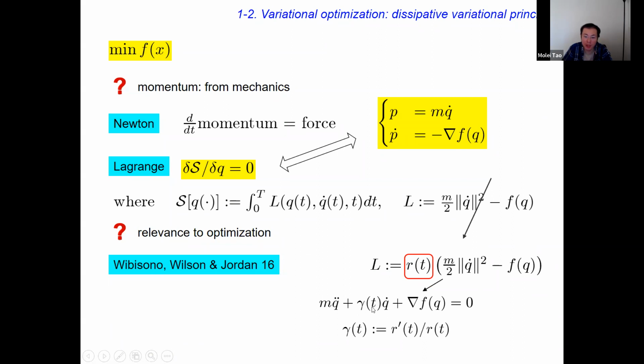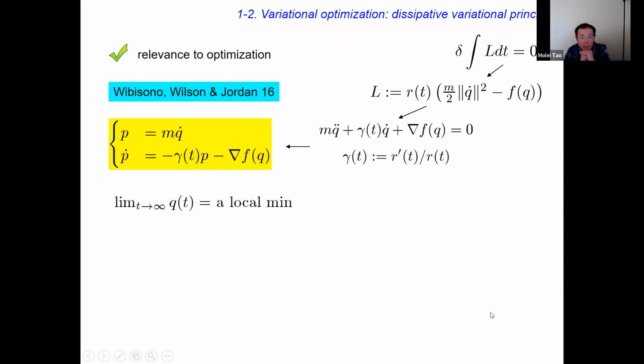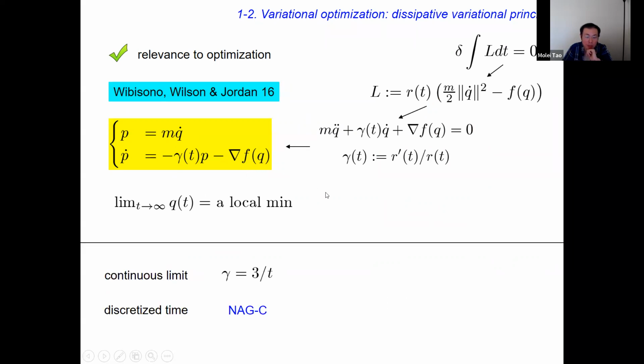And the coefficient gamma is determined by this R. And of course, this is a damped mechanical system. You can rewrite it in the form that we just saw. And it's very easy to prove by a simple energy argument that the value of the Q function as t goes to infinity will converge to a local minimizer of the potential energy. So this is why this dynamics is doing minimization.